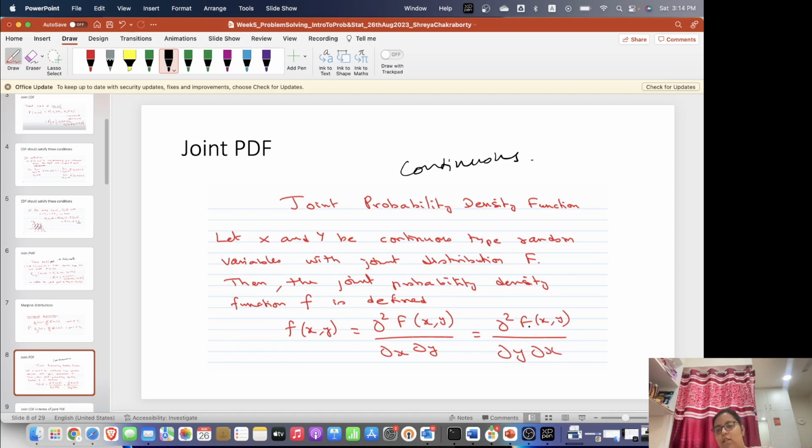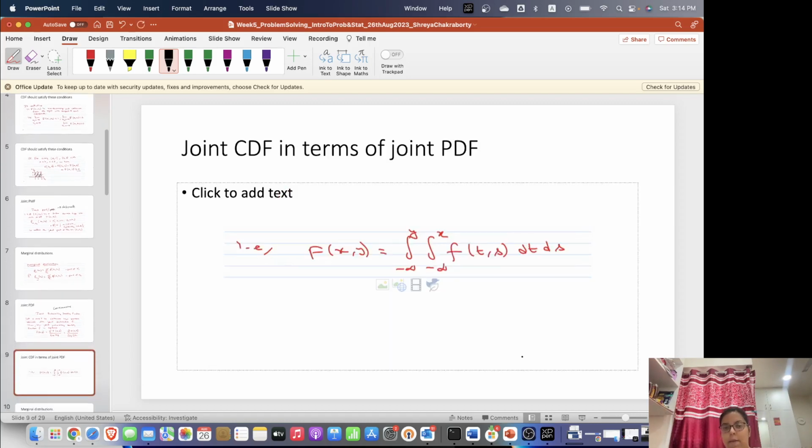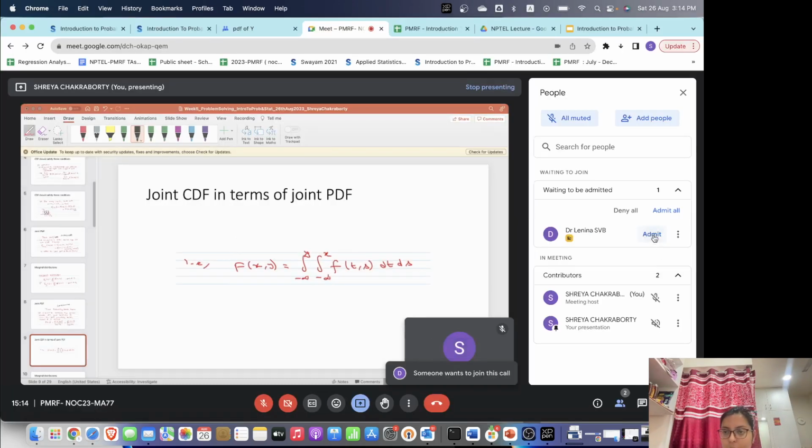So we would have del square F of x, y by del y del x. Or in other words, we can write the CDF in this manner: the integral from minus infinity to y and minus infinity to x of f of t, s.